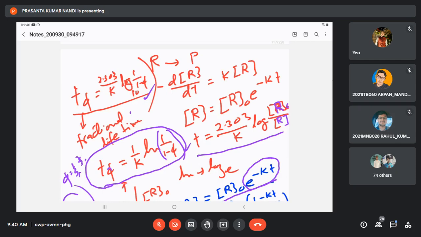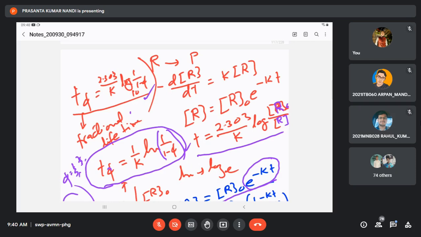That is t equals 2.303 by k log to the base 10, instead of the natural logarithm. If we take 10 as the base of the log, then it would be written like this: time t equals 2.303 by k log of R0 by R. Sorry, in the numerator it is R0.